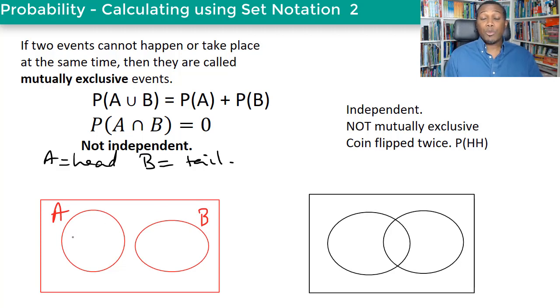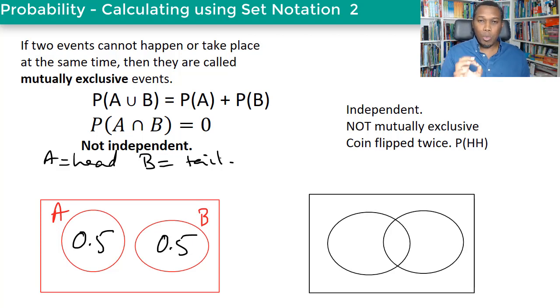We know that when you flip a coin, the probability of getting a head is 0.5. The probability of getting a tail is 0.5. Now, the probability of getting a head and a tail, well, that cannot happen. When you flip the coin, it's either or, not both.